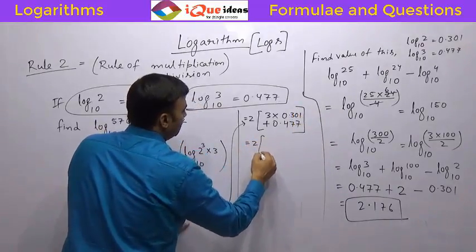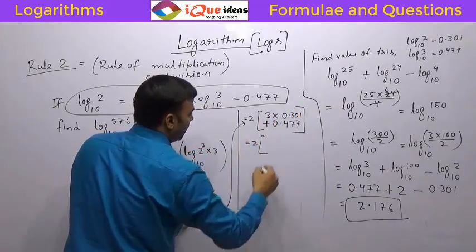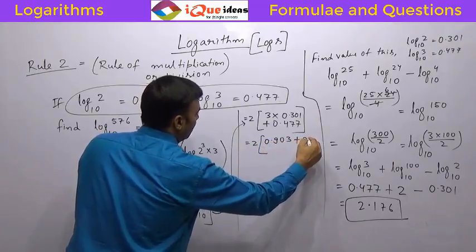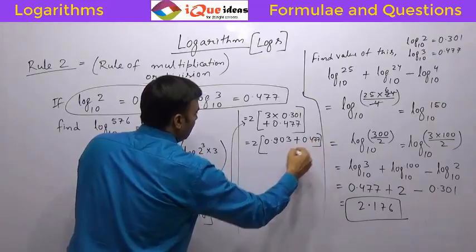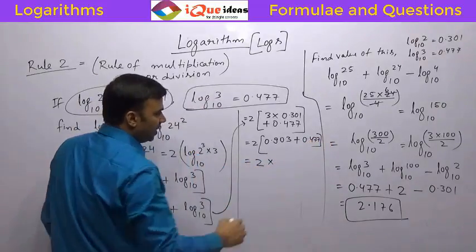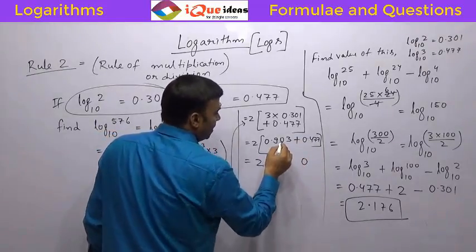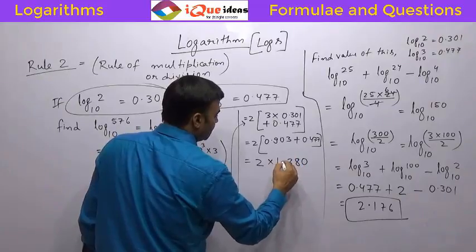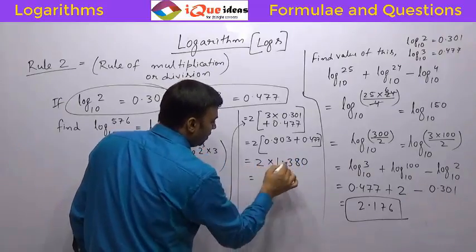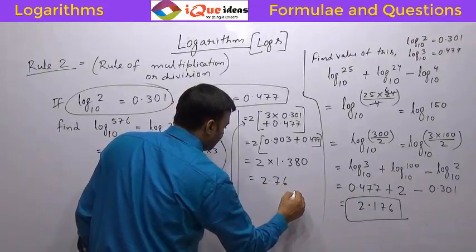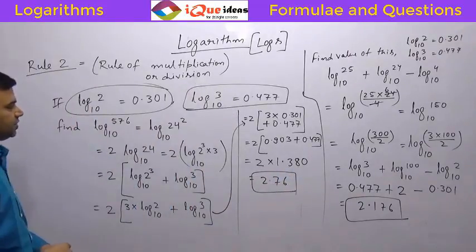So it is 2 into, now 3 into 0.301 is equal to 0.903 plus 0.477. If you add, you will get 3 plus 7 is 10, 0 plus 1 plus 7 is 8, 9 plus 4 is 13, so it is 1.38. So final answer is 2 into 1.38, which is equal to 2.76. So the final answer of the question is 2.76.